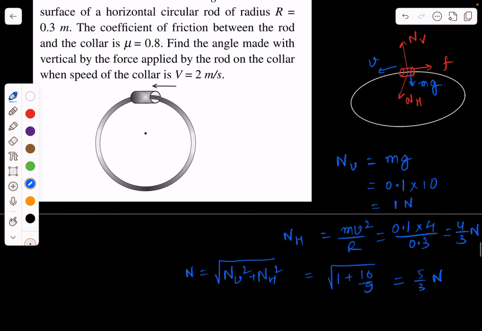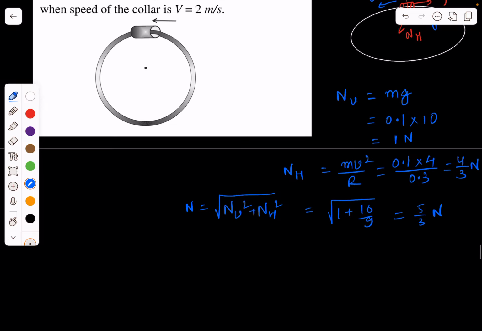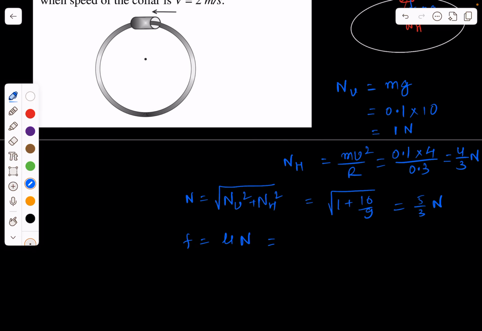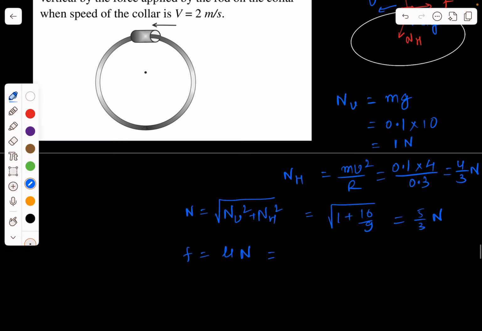Also, the friction force can be given by mu into N, where N is the total normal reaction, and mu is given. Mu is 0.8, and normal reaction we have already calculated, that is 5 by 3. So this comes out to be 4 by 3 Newton.